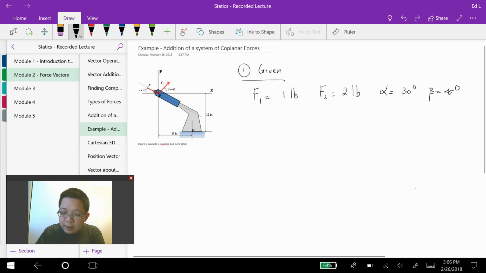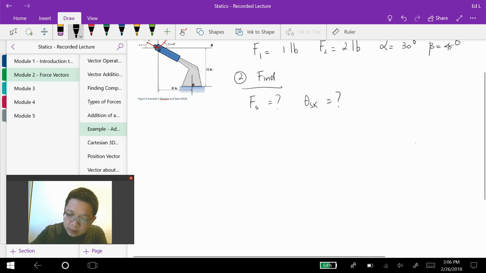And then here we have to find the vector summation and vector difference, but in this lecture I will just demonstrate how we can calculate the vector summation and also theta Fs x, which is the angle made between the vector summation and the horizontal axis.